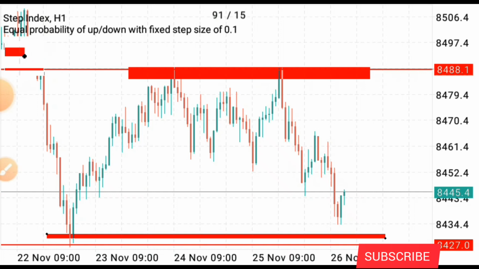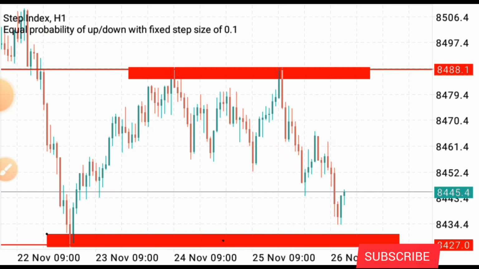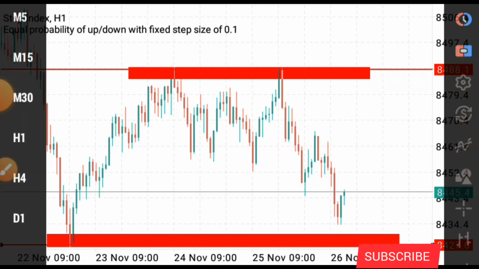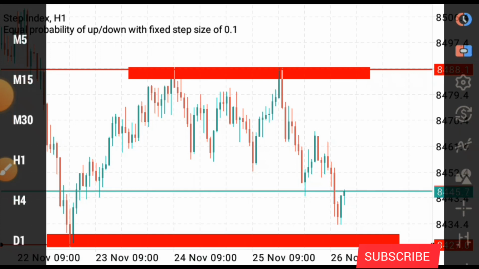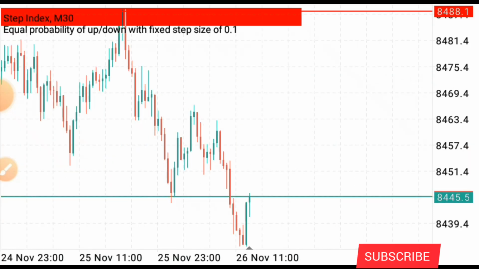So now that I've identified the zone, the next thing is I'll go to a lower time frame to see what's playing out there.